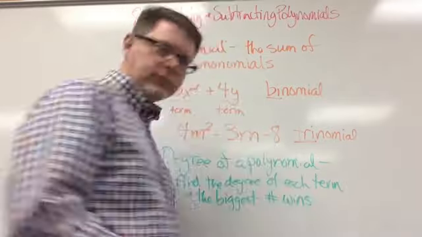The next thing we need to look at is standard form of a polynomial, because we have to know standard form of a polynomial in order to find its leading coefficient. Okay? So standard form of a polynomial.